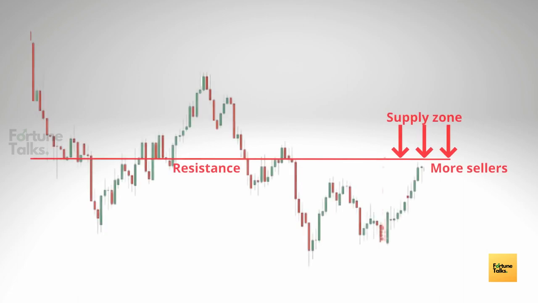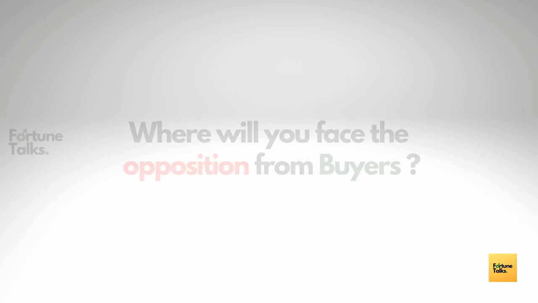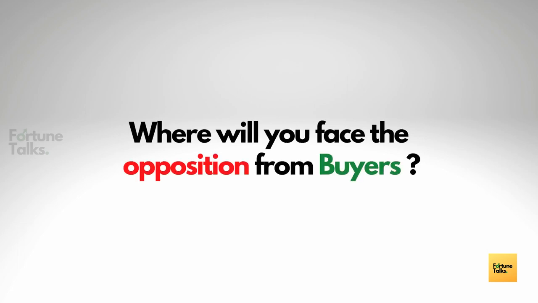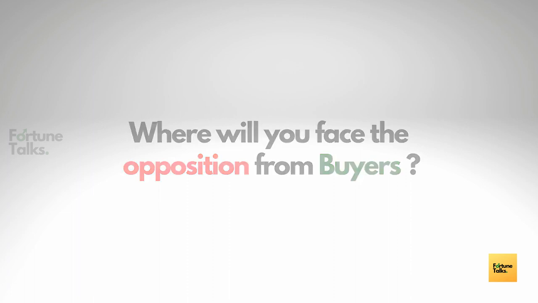So in the previous video, we told that resistance is a price level which stops the price from moving up, or simply it is a level where the supply is high. Now also think about the fact that where exactly will you face an opposing pressure, or simply where do you think will the buyers come in so that they could buy at good prices.